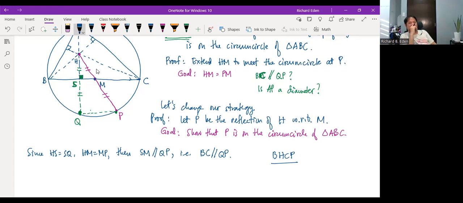What's an argument as to why it's a parallelogram? I think both the diagonals are bisected. Yes. So because the diagonals bisect each other, then that actually is enough to conclude it's a parallelogram.